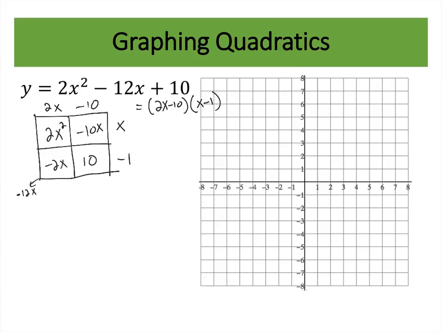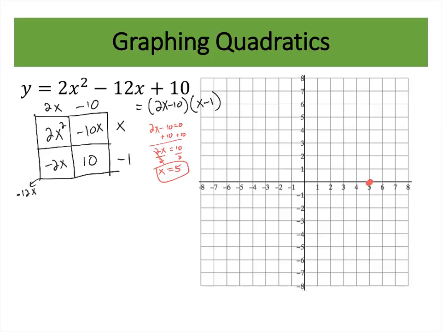Now I need to think, what values of x get us to 0? I know that if 2x minus 10 equals 0, then 2x equals 10, and x has to be 5. So that's one of my roots, and I'm going to go plot that on this picture.